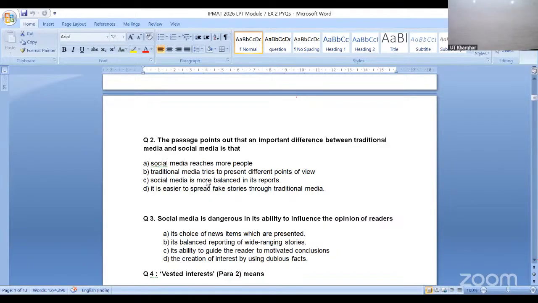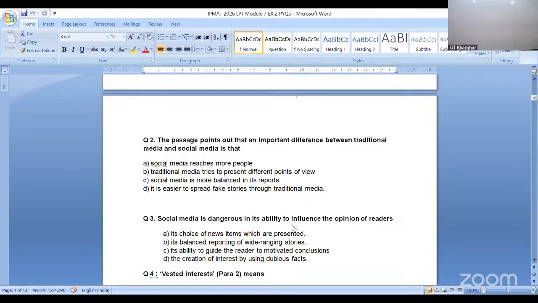Is social media more balanced? No. Social media reaches more people, yes, but is that the difference? How do we know traditional media doesn't reach people? According to the passage, the difference is that traditional media tries to present different points of view, while social media is using algorithms and is more or less sticking to the editor's point of view.